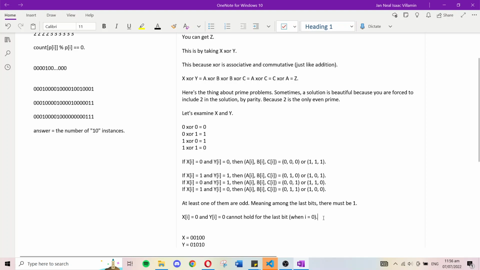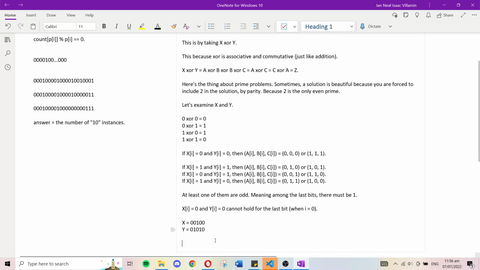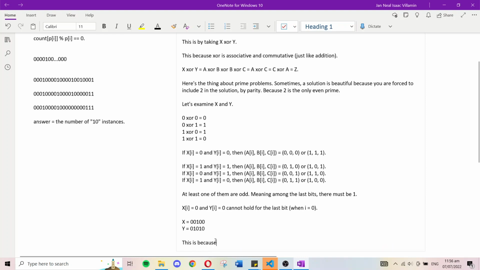This is because z is equal to x XOR y, meaning the last bit of z must also be 0.